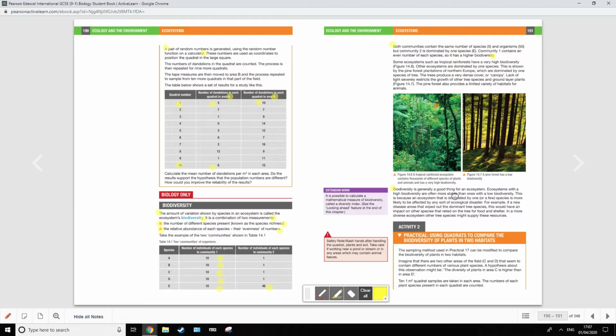Ecosystems with a high biodiversity are often more stable than ones with a low biodiversity. This is because an ecosystem that is dominated by one or a few species is more likely to be affected by any sort of ecological disaster. So what I've been telling you about. For example, if a new disease arose that wiped out the dominant tree species, this would have an impact on other species that relied on the tree for food and shelter. In a more diverse ecosystem, other tree species might supply these sources. Exactly. So this is very important.